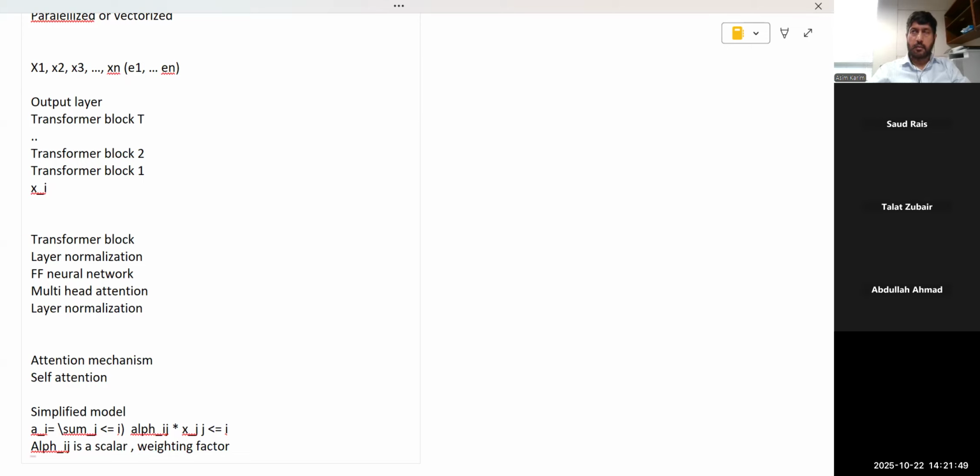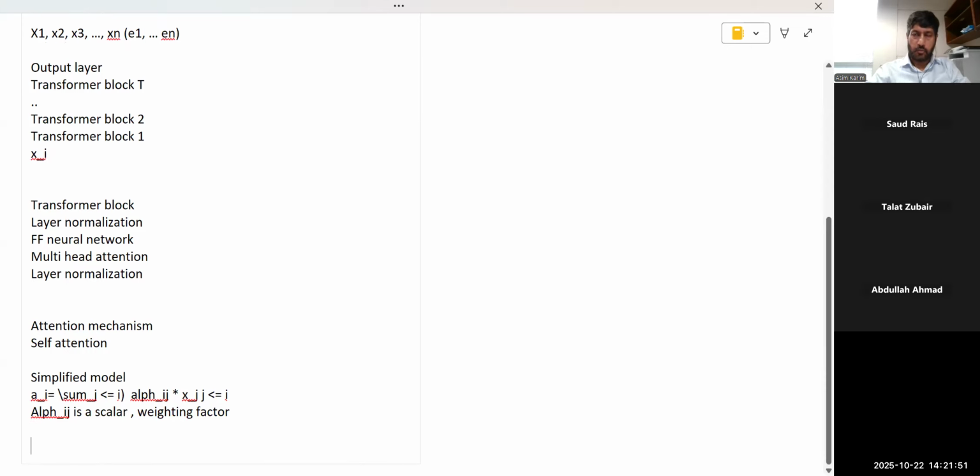ठीक है, सो ये हमने निकालना है। सो हाउ डू यू कंप्यूट दिस? Again using the simplified model, we take the inner product of the two vectors xi and xj to determine how close those two vectors are, or how similar they are.